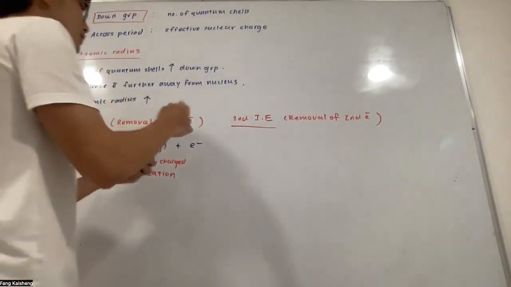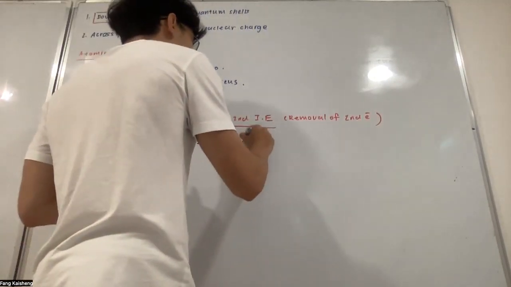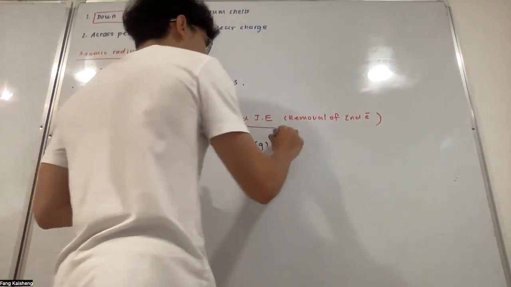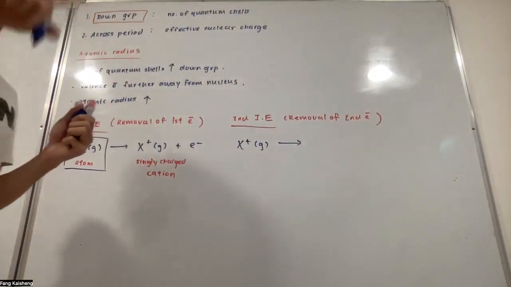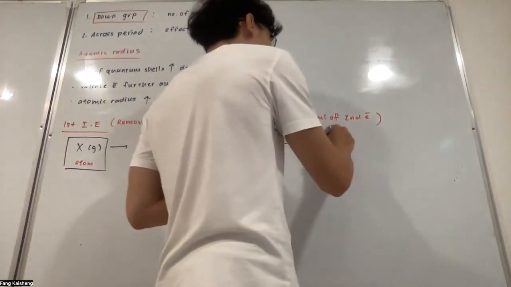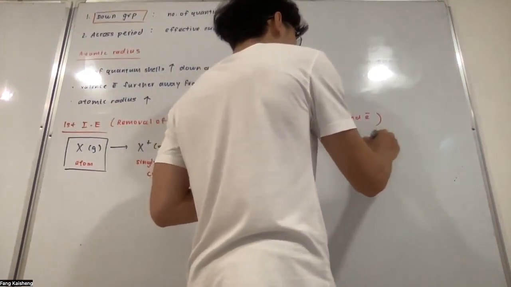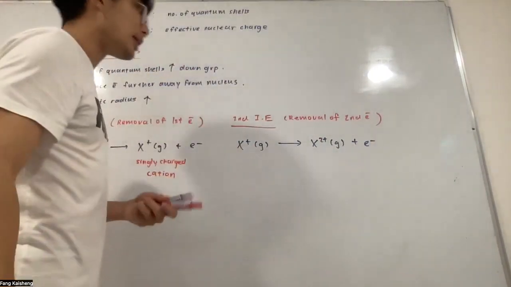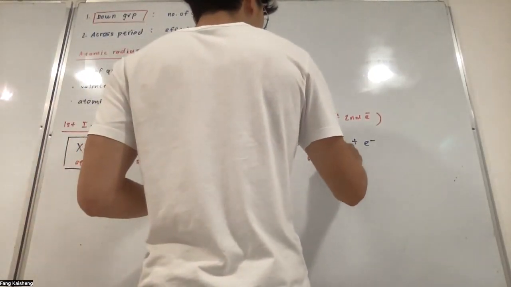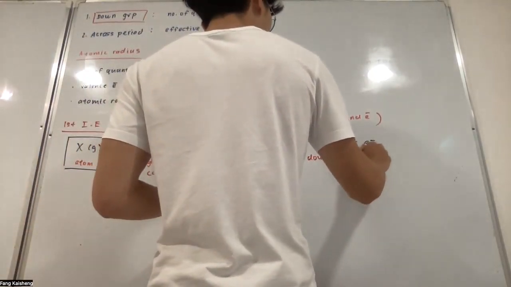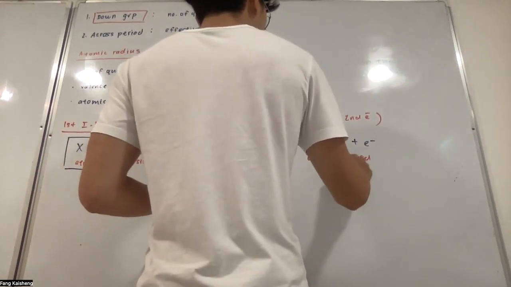Let's come up with an equation first. We remove from the singly charged cation, and then we form a what? We remove one electron, so it's X2+. Good. So X2+ in gaseous state, you remove the electron here. Once again, they have their own respective names. This is a doubly charged cation. You can even say doubly charged gaseous cation.